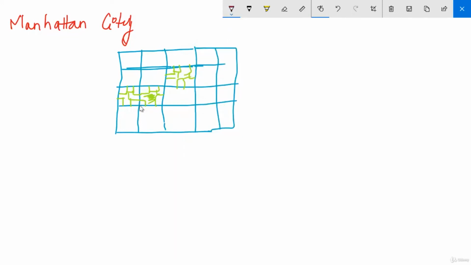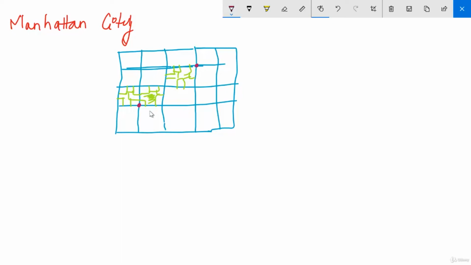So let's say you are here in Manhattan City. You are at this point, and you want to go here. You cannot go diagonally like this, right? You cannot jump over like Spider-Man. You cannot jump over the buildings and go diagonally.